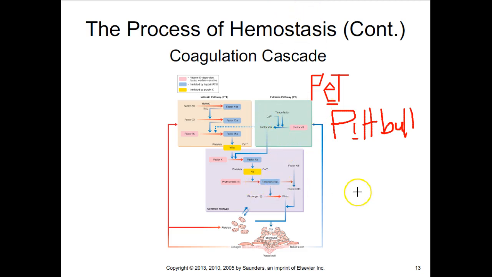Okay? I want you to notice also that calcium is used at pretty much every step in order to activate this pathway. I've already said many times that calcium is probably the most important of our electrolytes.